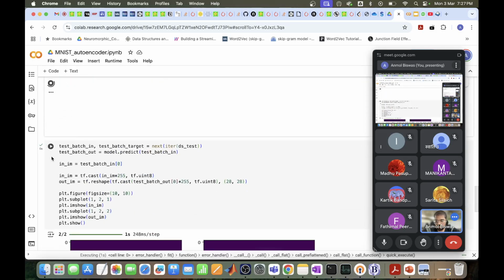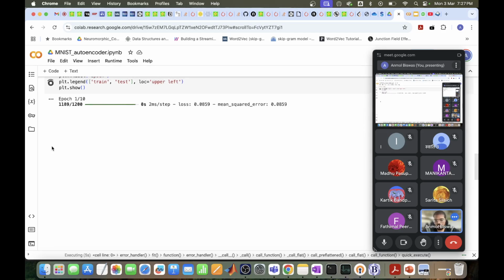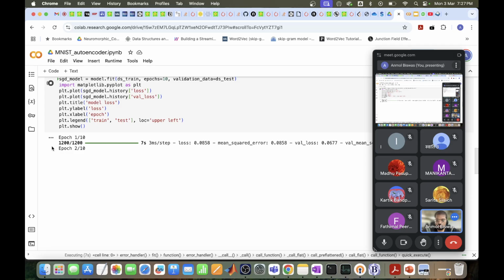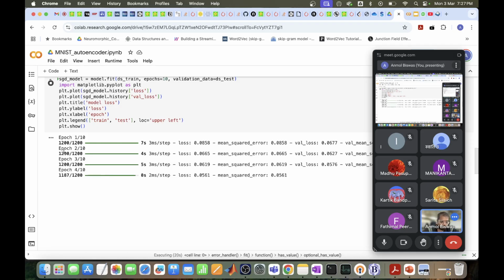Train the model, generate this. So now we seem to have some kind of a breakthrough, because we can see that the loss is going down.